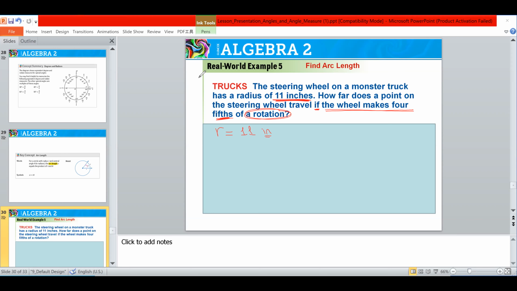This is your theta rad. When I talked about the theta rad at the beginning, I said it's related to the length of the curve or the circumference. So our theta rad now is 4/5 of what?